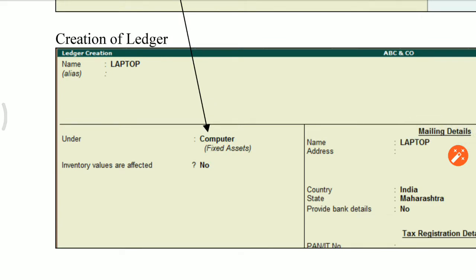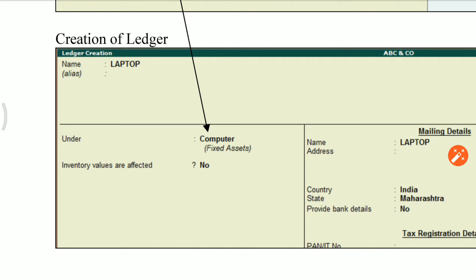I have saved in computer. Just wait for 1 minute. Okay, continue.